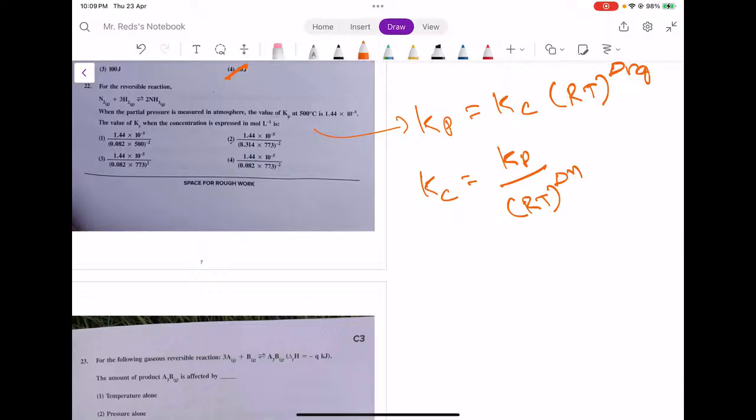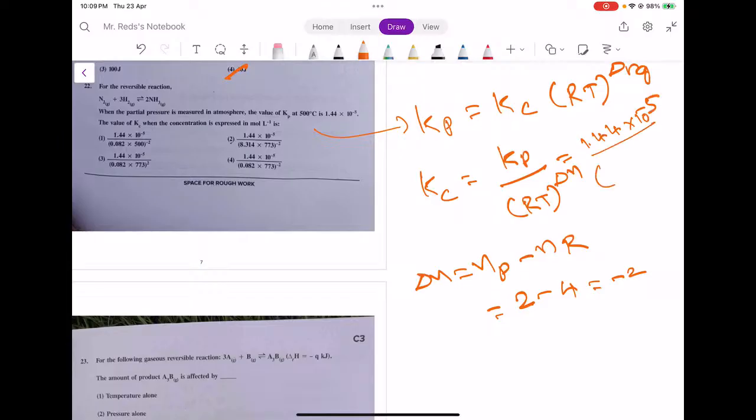What is delta n? Delta n is the number of moles of product minus number of moles of reactants, that is 2 minus 4, equal to minus 2. So Kc is equal to the Kp value 1.44 into 10 power minus 5, divided by R value in litre atmospheres, because Kc is asked in mole per liter. R value is 0.082 into temperature.